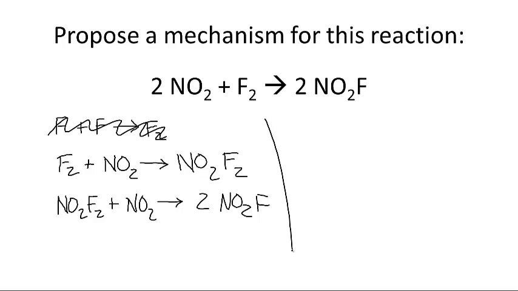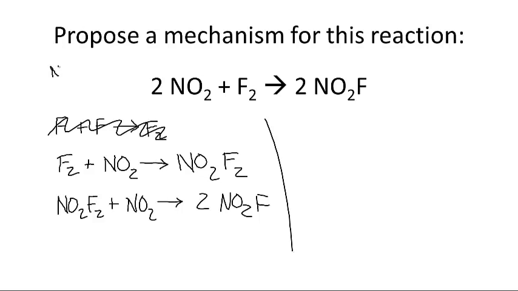So the question is, are you allowed to have charges that wouldn't necessarily work? Well, it's not that there are charges that don't necessarily work here. So the question is, would NO2F2 be a stable molecule? Well, now we'd get into drawing Lewis structures.